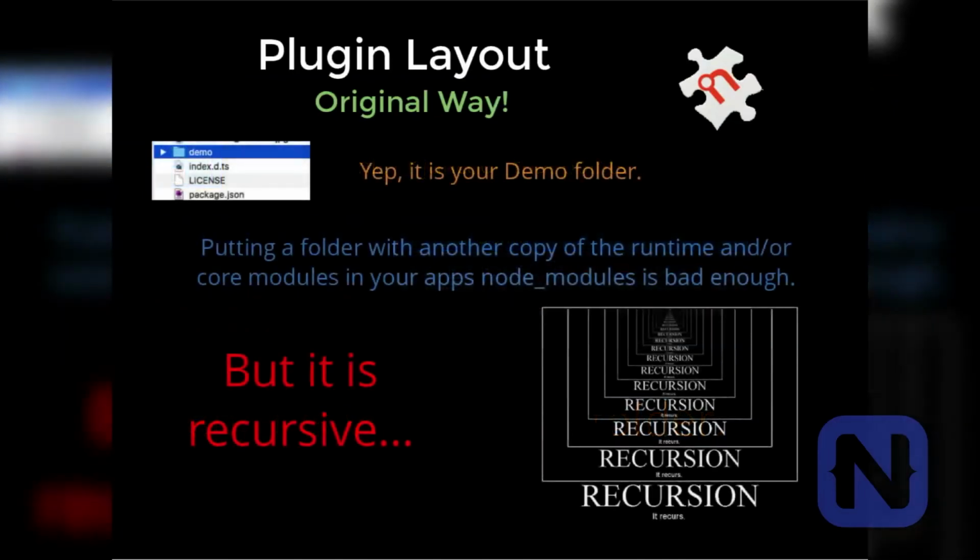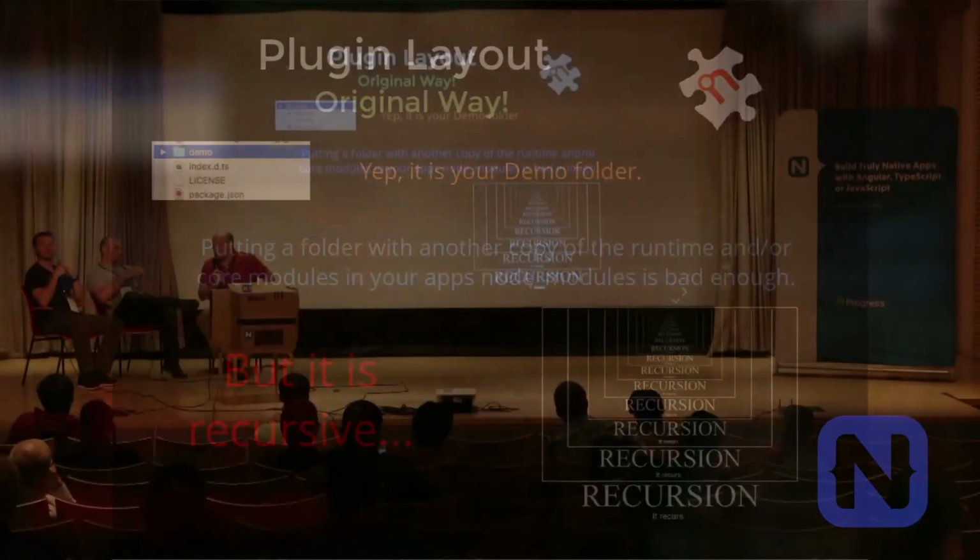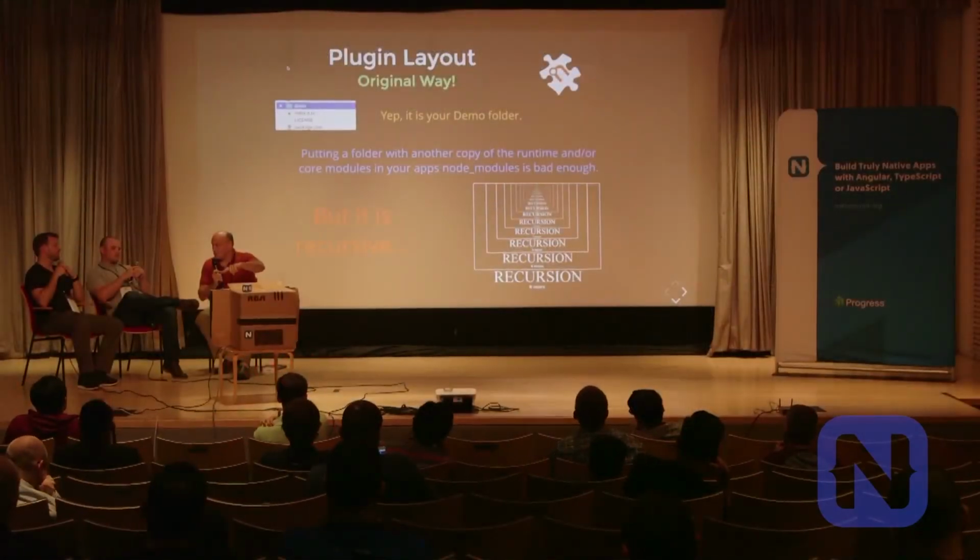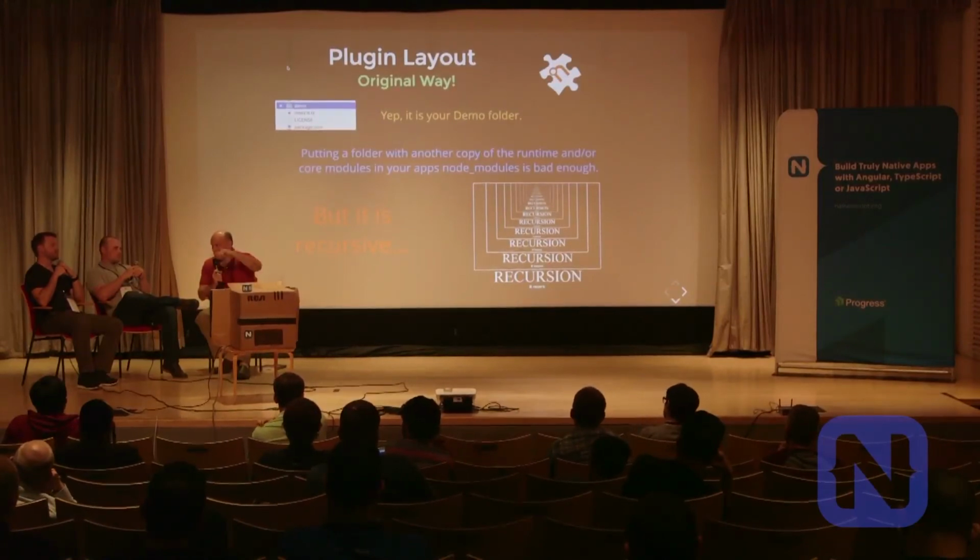And because you're linked to your demo folder, it's not only bad because you have 2 copies of your TNS runtimes in there or your core modules, but it's recursive because now you're linked to the demo. The demo is back into here. Your node_modules is linked to your demo. So when TNS tries to install, when TNS tries to compile, it goes down this path, goes down the path, goes down the path, and it basically gets lost.